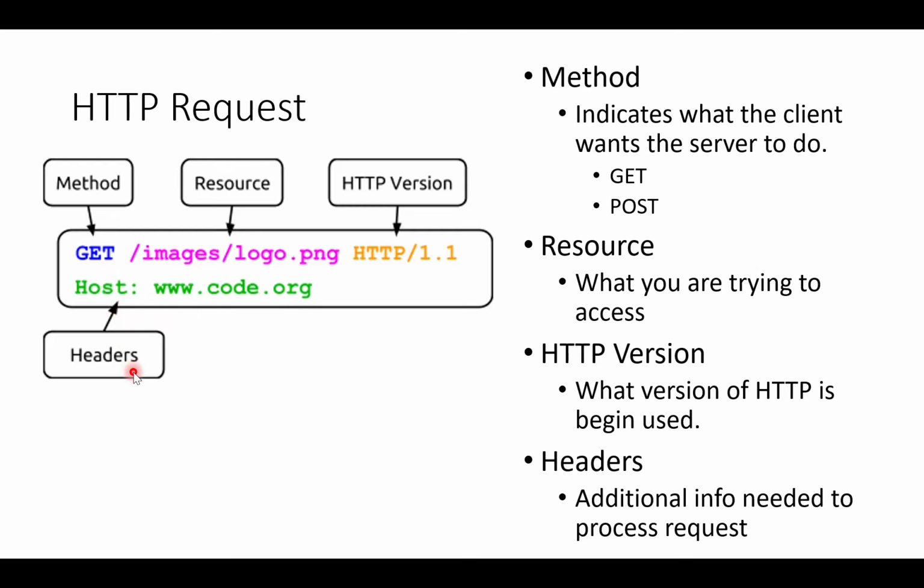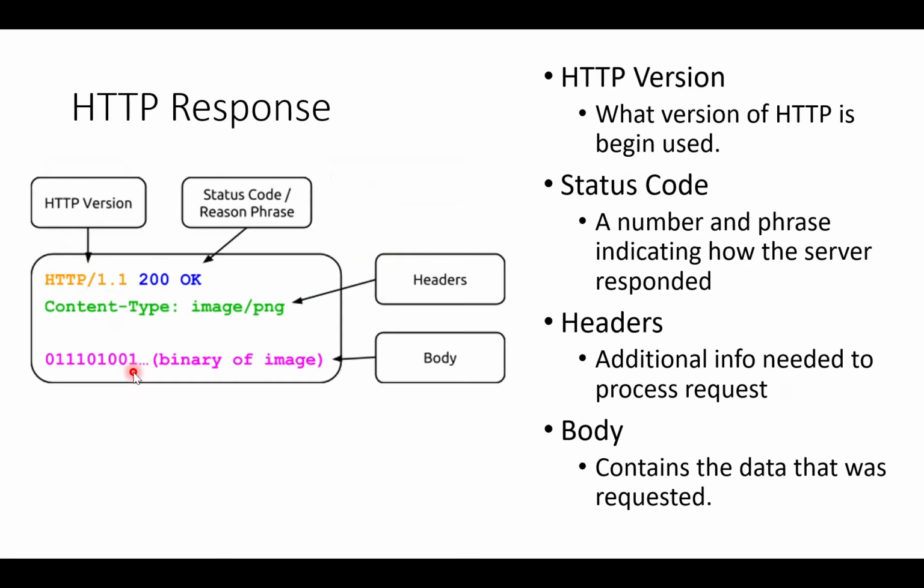It gets sent to the server, which looks at it and says, I'm supposed to send back the logo. So then it responds with some information. An HTTP response looks like this. We receive what version of HTTP we are using, and the status code. 200 stands for OK. You may have seen 404. That is not found. That's a status code for HTTP. I believe 403, I think, is forbidden.